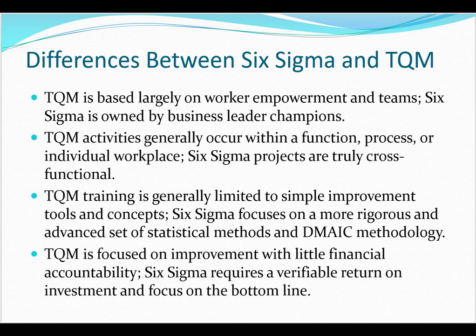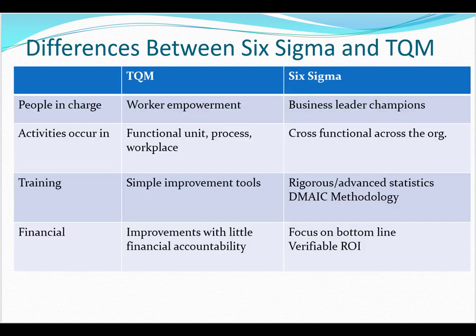So the differences between Six Sigma and TQM: people in charge in a TQM system are actual workers that are being empowered, whereas in Six Sigma, it's the actual business leaders that are championing the Six Sigma projects.